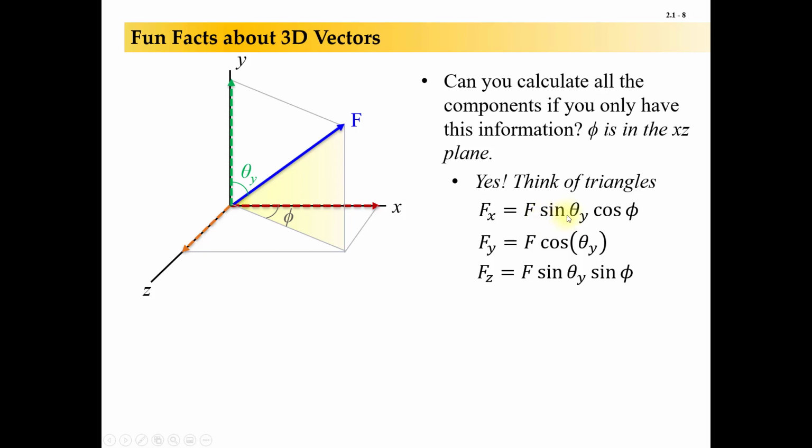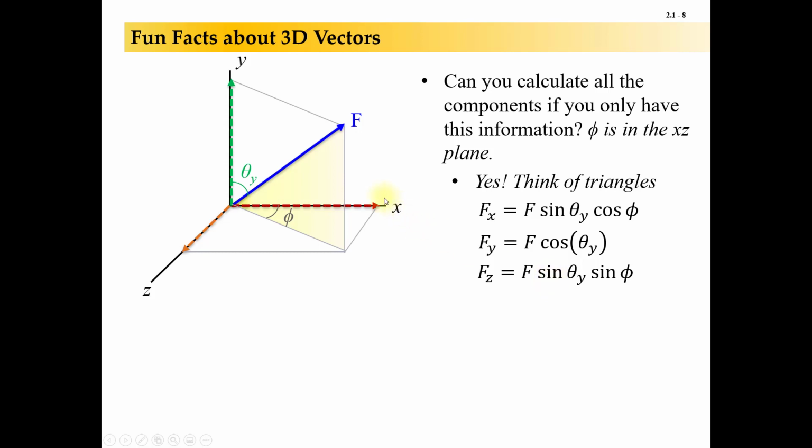Okay, so again, x is going to be the sine of theta y to get us this line right here, and then we're going to take the cosine of phi to get us that. That's why there's these two bits of trig. Fy was the easiest one, and fz is just going to be, again, we're starting with this line down here, right, by doing the sine of theta y, and then we're going to multiply by this edge over here over the hypotenuse to get the z component, so that's why it's sine phi times sine theta y times f.